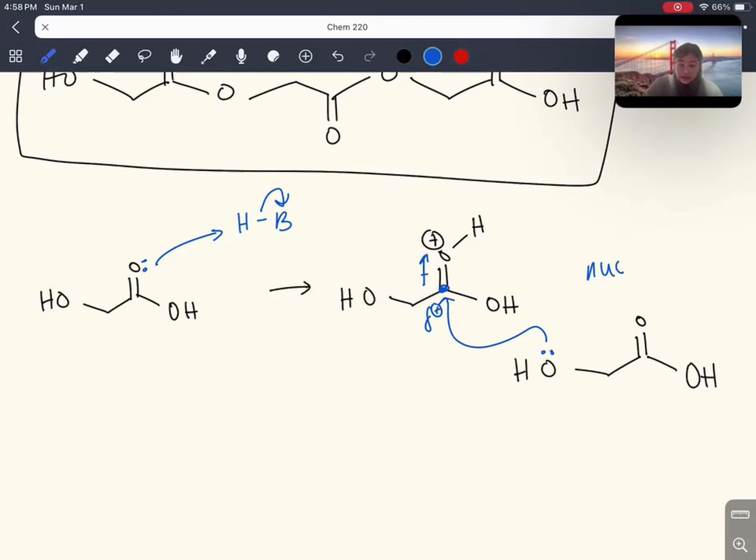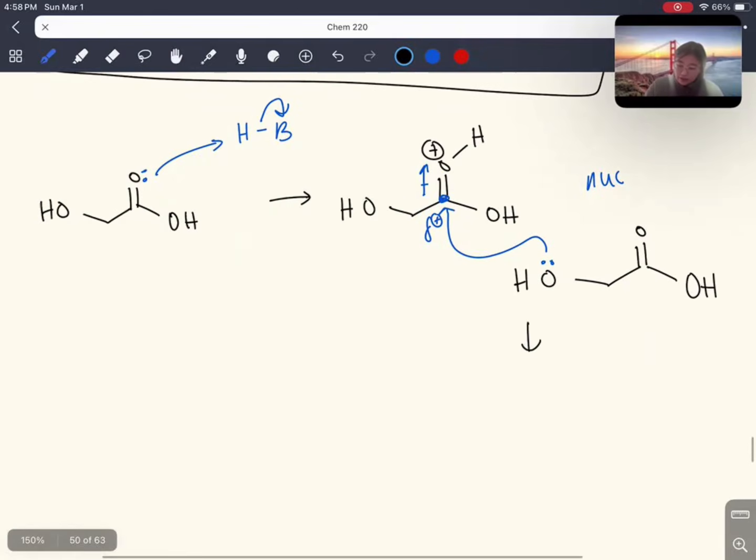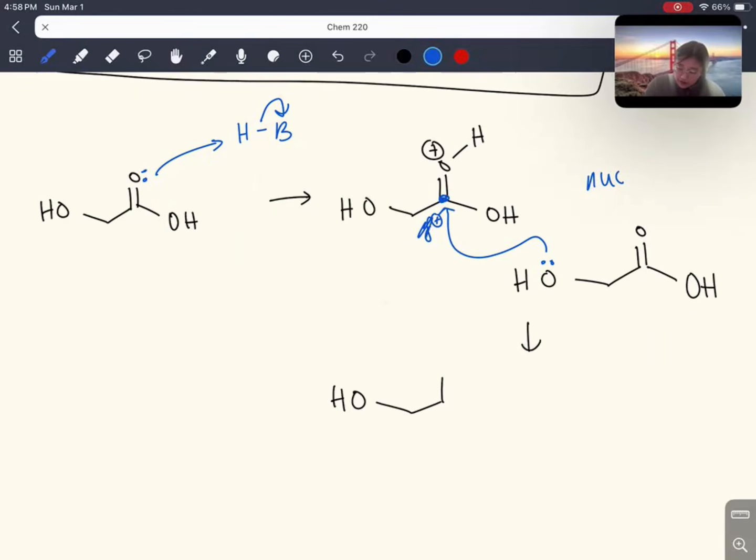And so if we draw our product from this, we get this molecule. Oh yes, and also I'm going to erase these to make it less crowded. But when this oxygen attacks the carbonyl carbon, one of the double bonds will get pushed off onto the oxygen like this.